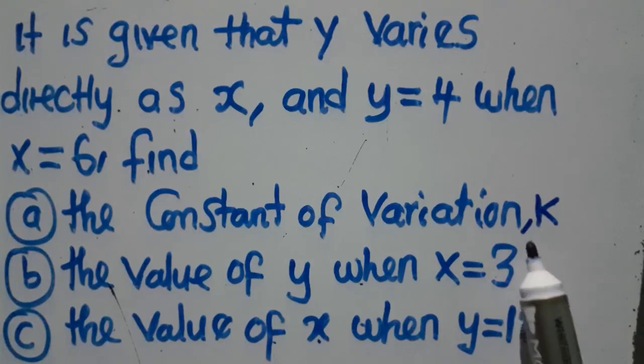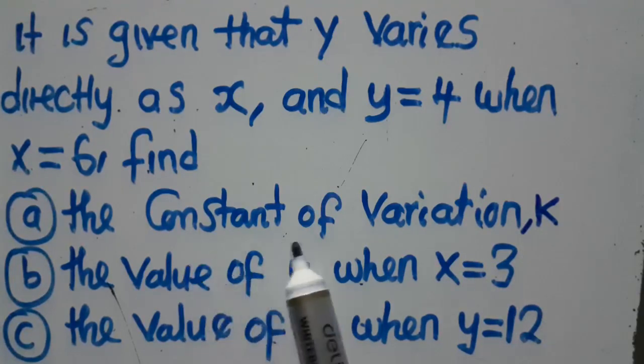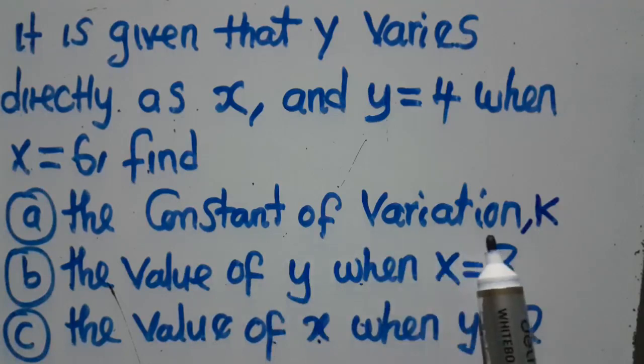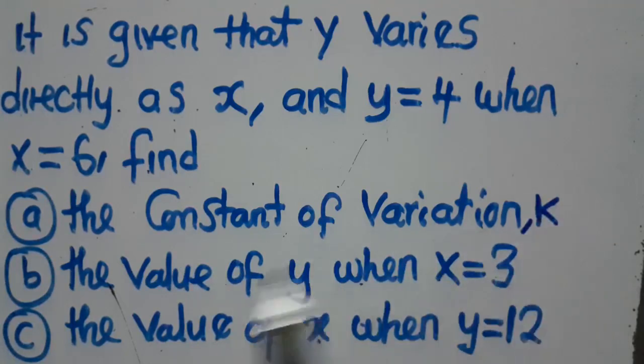First, you are told to find the constant of variation, which is k. Then B, the value of y when x is equal to 3. The last question, the value of x when y is equal to 12. These are the three questions that you want to answer.